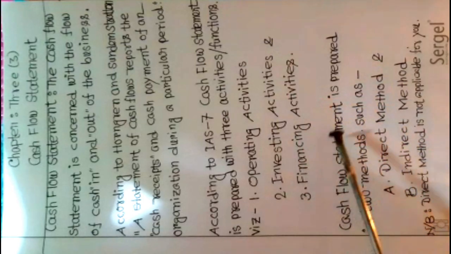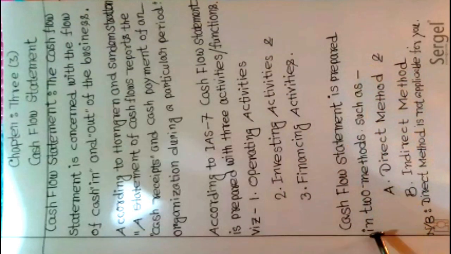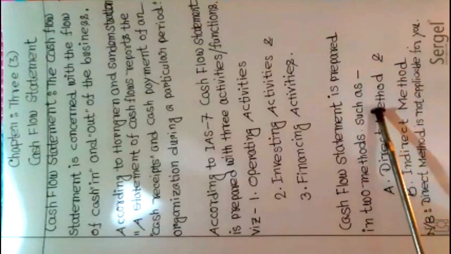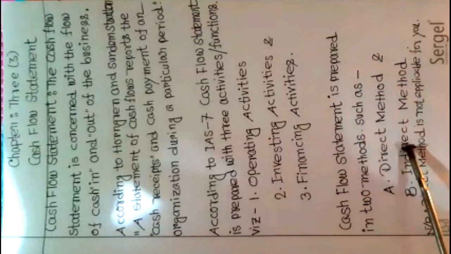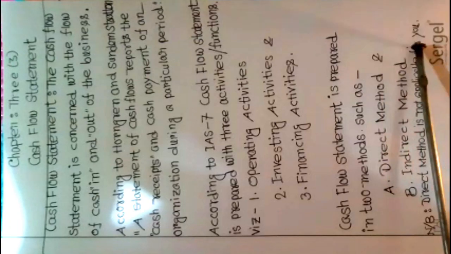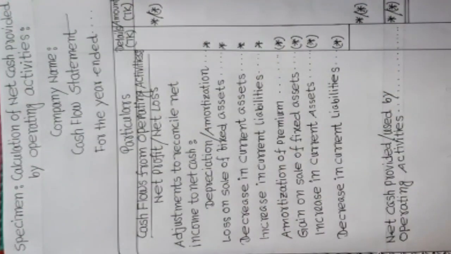Cash flow statement is prepared in two methods, such as direct method and indirect method. Note that direct method is not applicable for you. Okay, dear students? My dear students, now let's go to see a specimen.